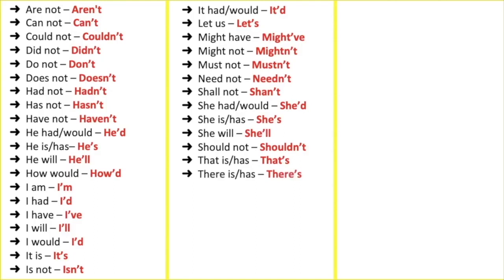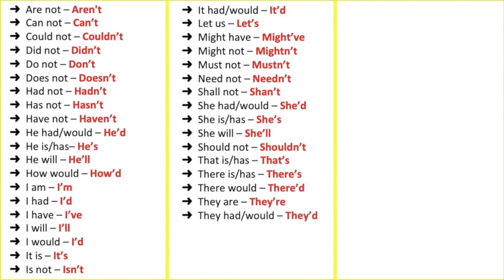There is, there has, there's. There would, there'd. They are, they're. They had or they would, they'd. They have, they've. They will, they'll.